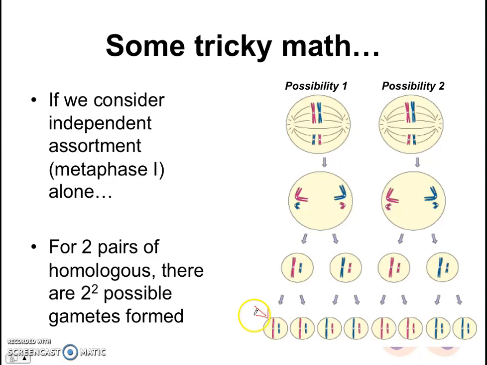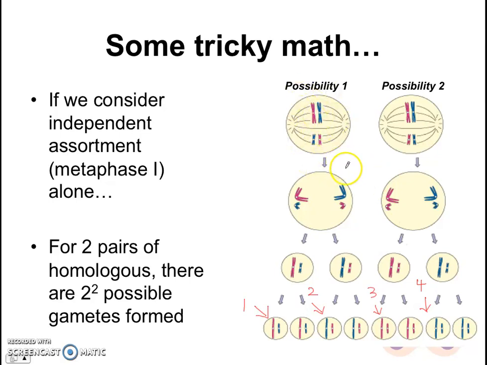Possibility 2, right? Blue, red, red, blue. But we get this independent assortment arrangement at metaphase where all the reds are on one side and all the blues on the other side. Then you get combination 3, where it's red, red, and combination 4.